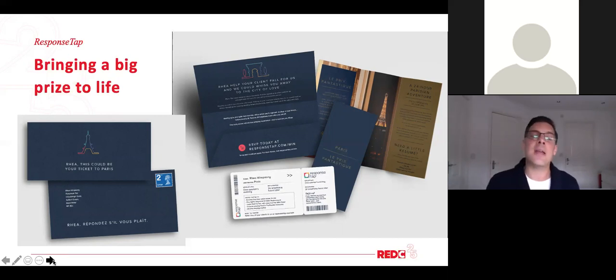But if you put a real stamp on it, it signals that only a select group of people are getting them. If it's got a mail sort mark on it, it means these are going to thousands and thousands of people. So when you put a stamp on it, or send it by a courier, it suggests this is really important, and you're one of a small number of people who are going to get this. And then inside, we showed them what the prize was.